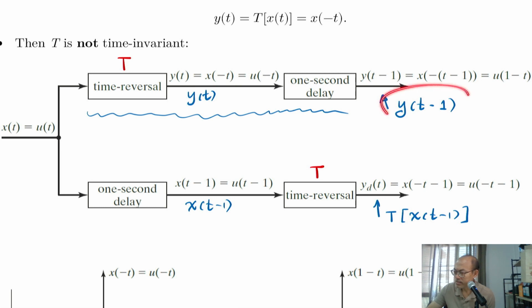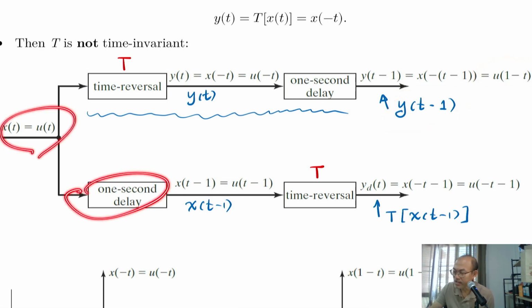So to show whether these two are the same, we perform this trick. We use this diagram. First, we put the signal u to the system, we record it, and then we delay whatever we have recorded. We got this one out. The second path is we delay the input 1 second to get this one, and we put this to the system.